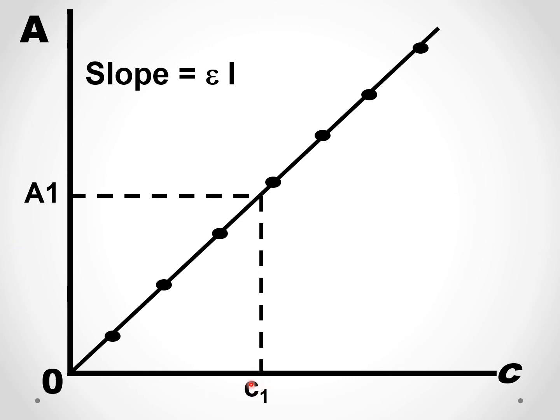This value C1 will be the concentration of the unknown solution. So this is how we can do quantitative analysis. Among the applications of UV visible spectrometry or electronic spectroscopy, one application was quantitative analysis, and this is how we do it.